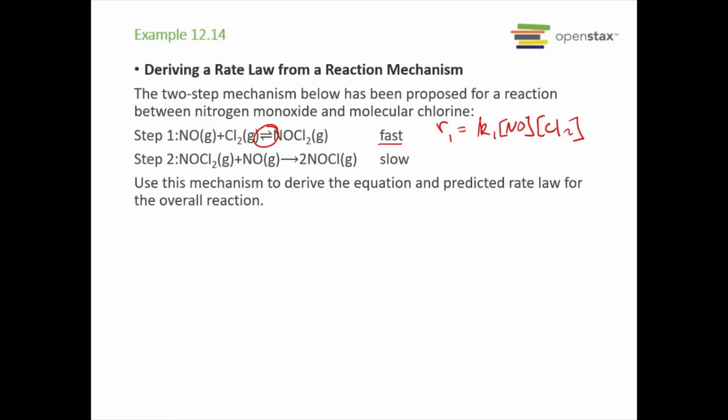And then we do this for the reverse reaction. Call this R minus 1, and that's k minus 1 times NOCl2. And then our third rate, we'll call that R2, because that's from step 2, which is k2 times NOCl2 times NO. Sorry, forgot about NO there.